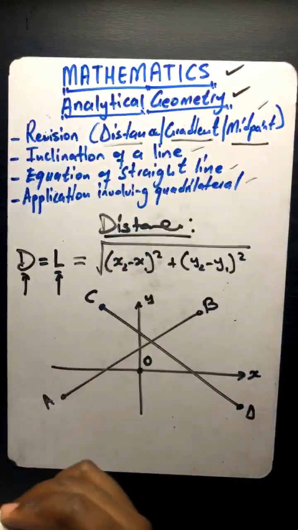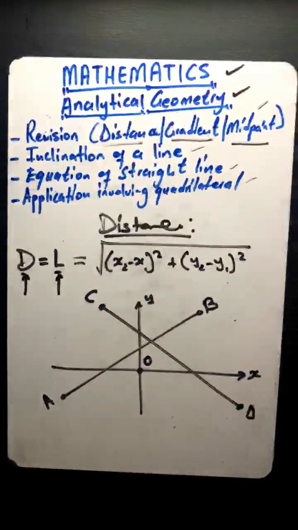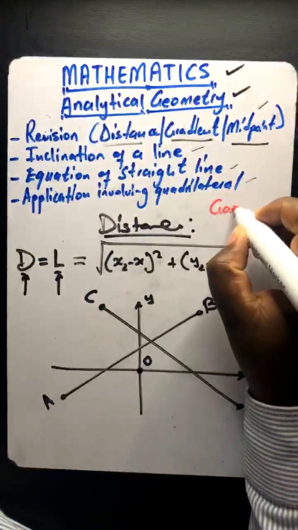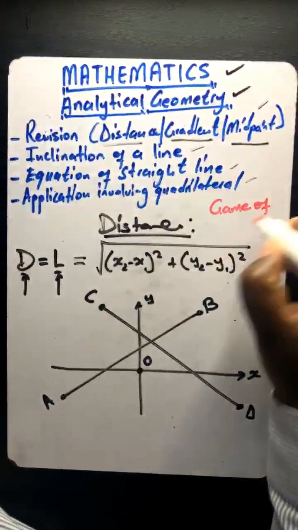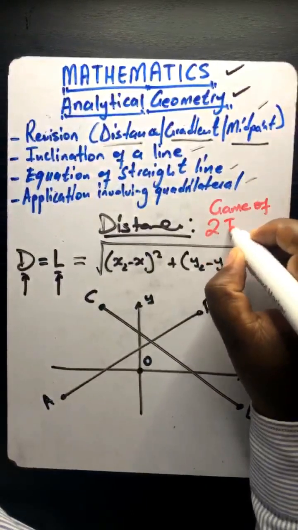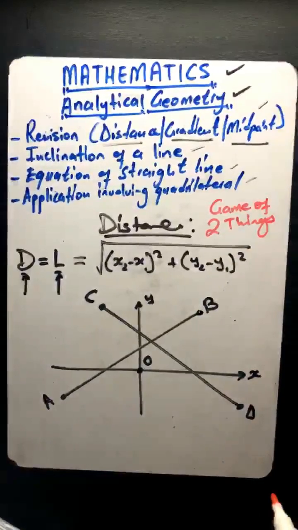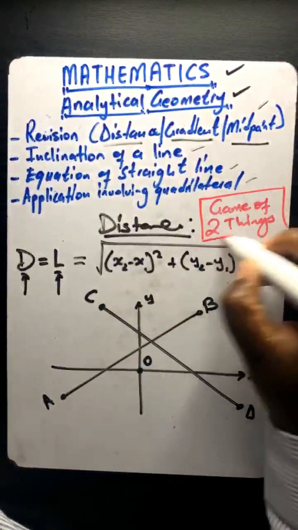Remember, guys, this is what I emphasized in yesterday's lesson to say, analytical geometry is a game. What type of a game? A game of two things. Very, very much important, ladies and gentlemen, that at all times you always remember that.